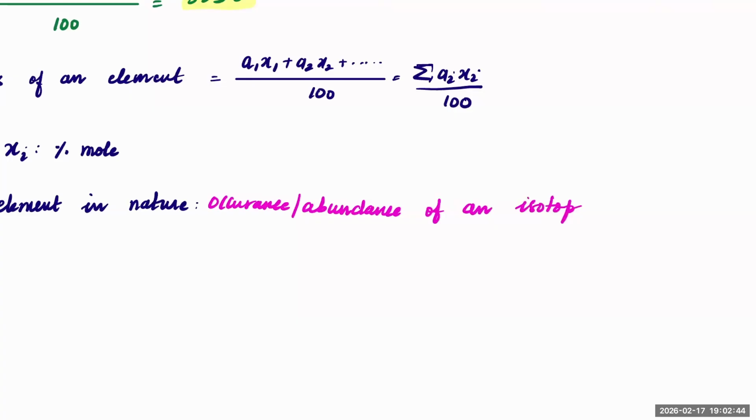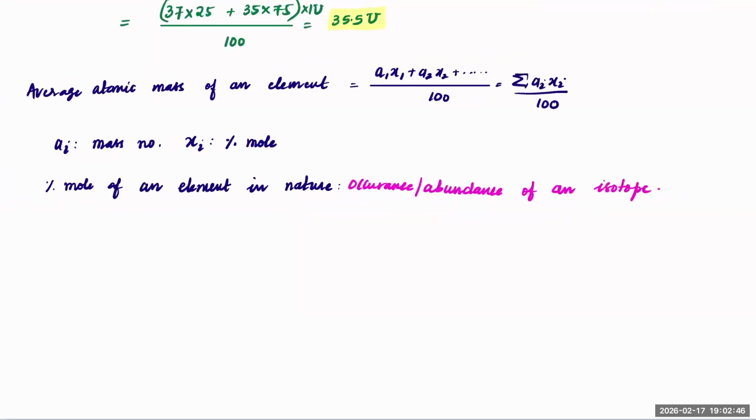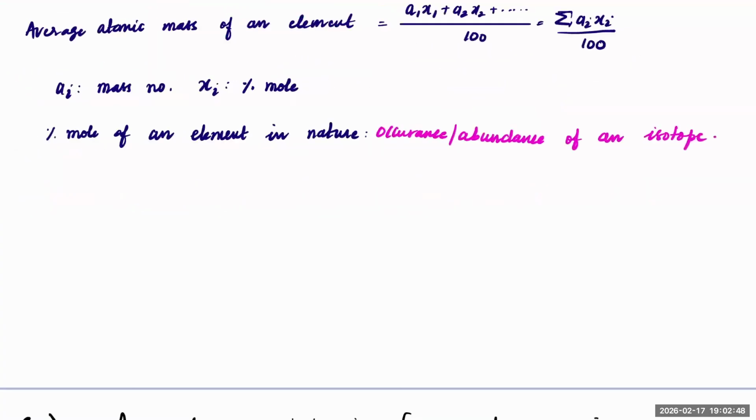This is the word that is being used: 25% occurrence, 50% abundance, like that. So you should understand that it is a mole, percentage mole, that we are talking about. Any doubt? No, sir.